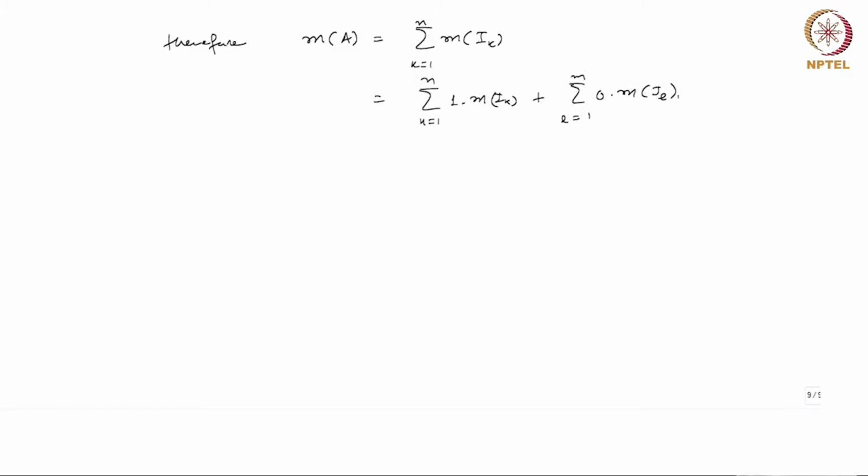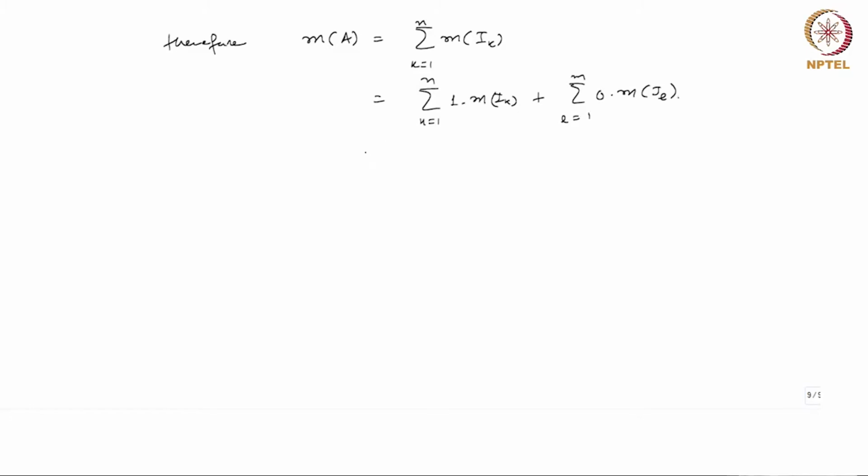Chi A is less than or equal to chi E. So therefore M of A, which is by definition the sum of m of ik, k equal to 1 to n, can be written as the sum from k equal to 1 to n of 1 times m of ik, plus the sum from L equal to 1 to m of 0 times m of JL.